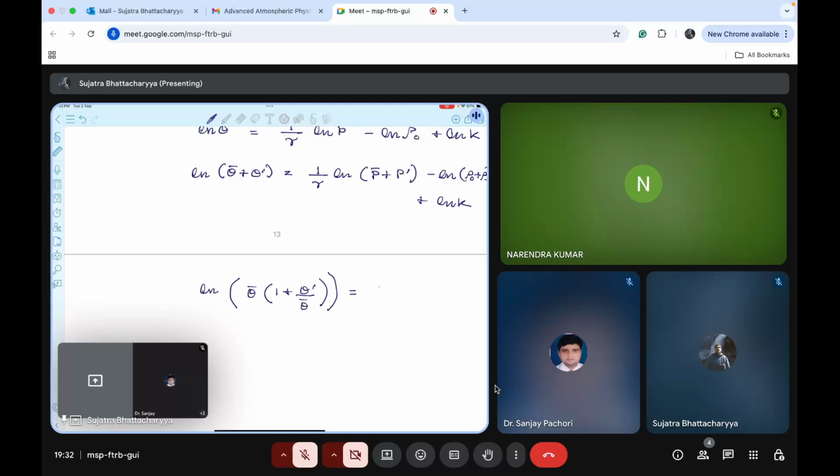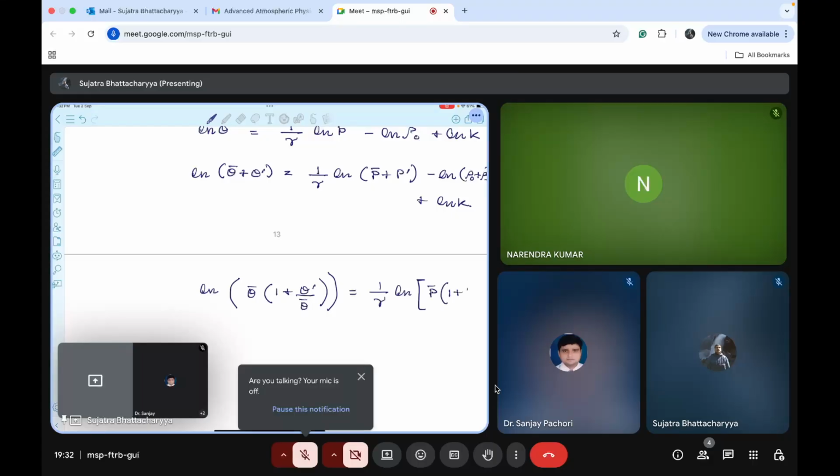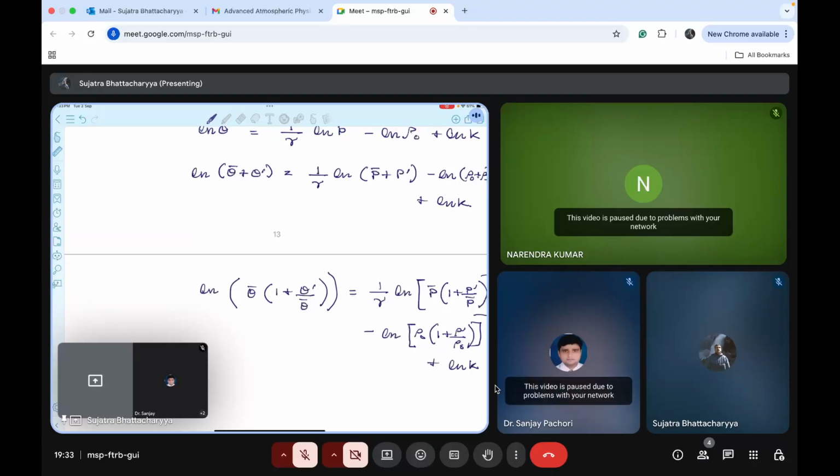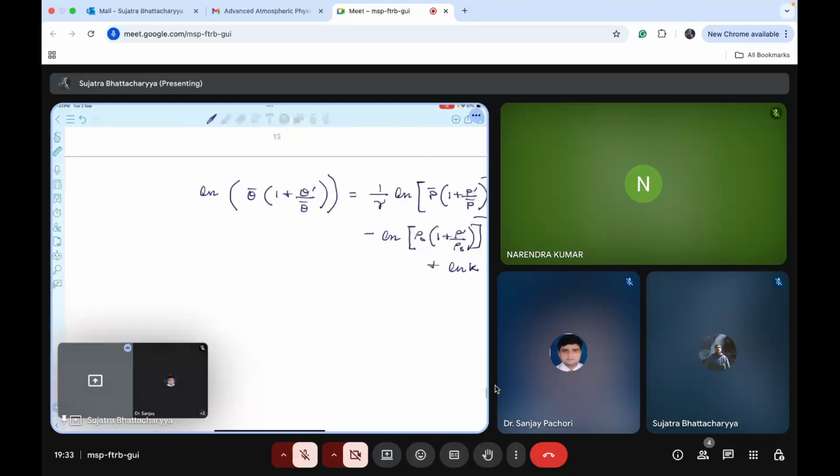Okay, this is equal to 1 by gamma log of p bar plus p dash, in the same way, minus log of rho naught plus rho dash, and log of k. The important thing is that log of AB, we know, is log A plus log B, and log of 1 plus epsilon is nearly equal to epsilon if epsilon is much smaller than 1.